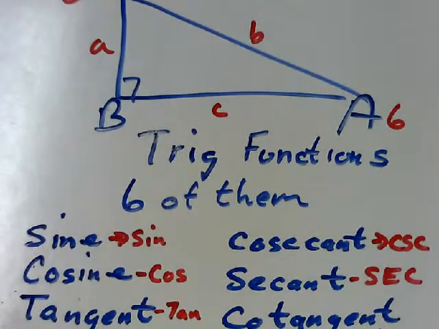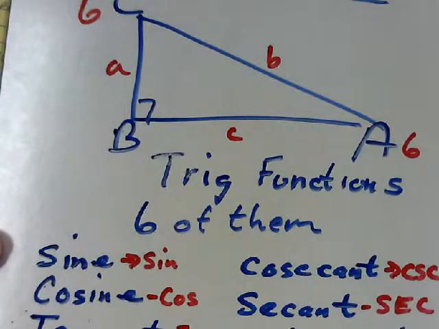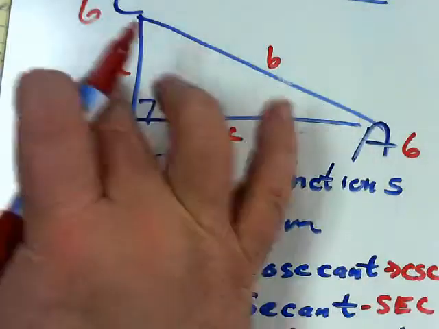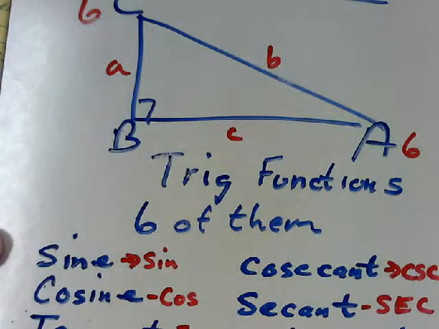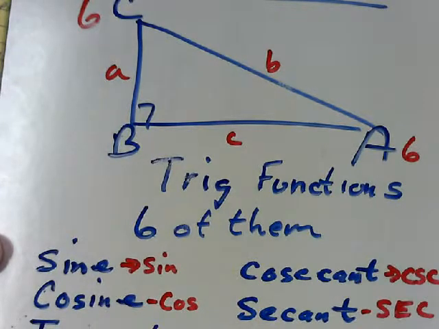If I'm worried about angle A, this is a B, this is an A, that's a C. There are 6 definitions for each angle.